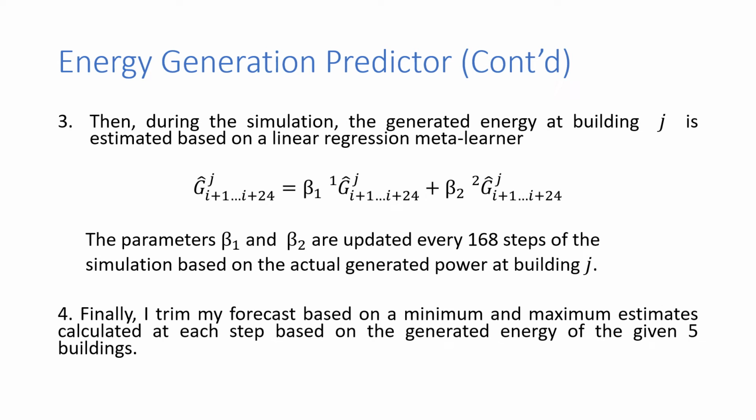Then, during the simulation, the generated energy at building J is estimated based on a linear regression meta-learner. The parameters of the meta-learner, beta 1 and beta 2, are updated every 168 steps of the simulation based on the actual generated power at building J.